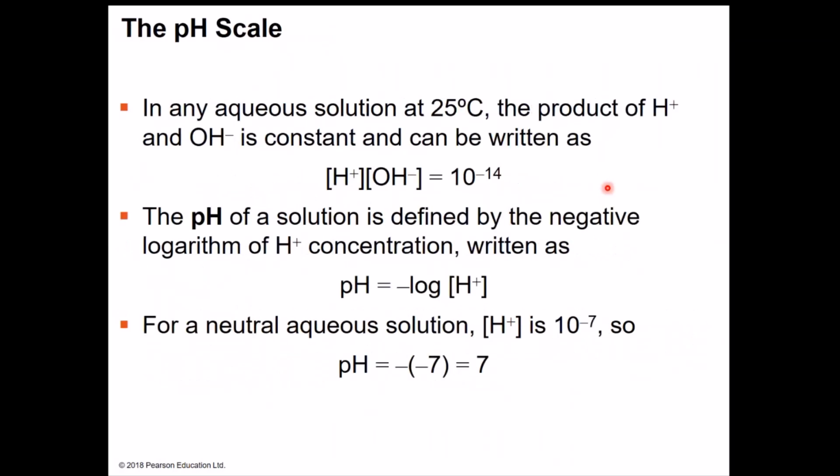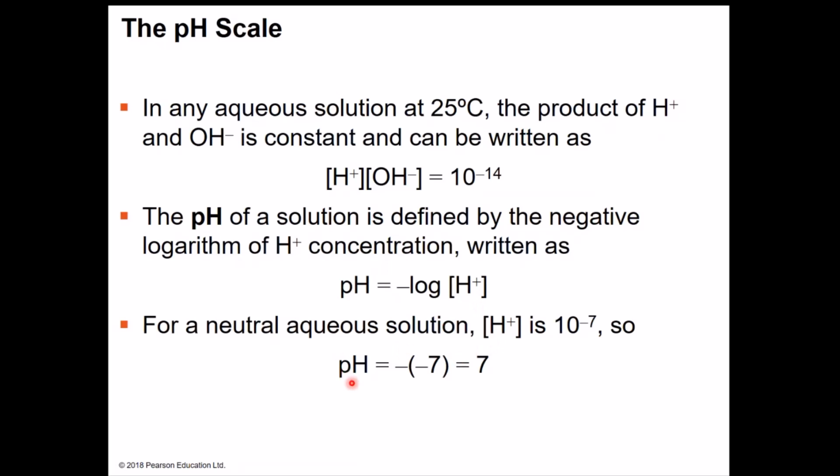So the scale is that in any aqueous solution at 25 degrees Celsius, the product of hydrogen and hydroxide concentrations is constant and can be written as this particular equation here. And the pH of a solution is defined as the negative logarithm of the hydrogen ion concentration, written as the formula here. And for neutrality, the aqueous solution has to follow these patterns here.